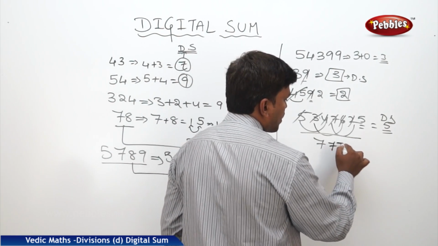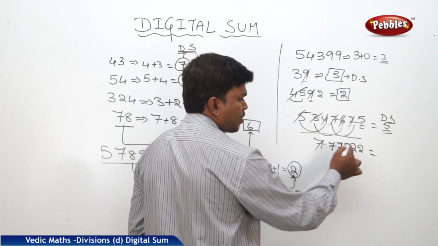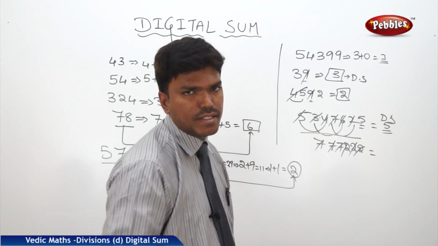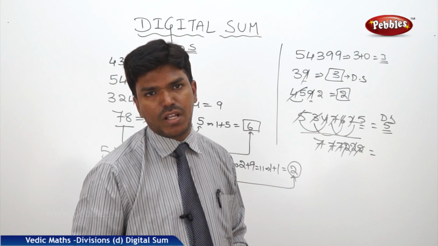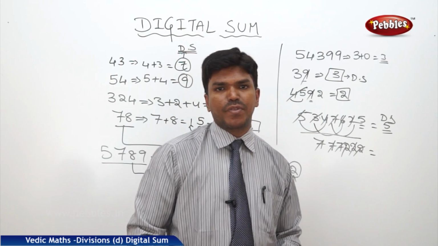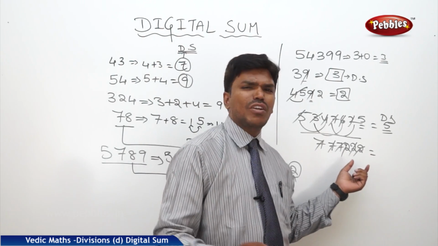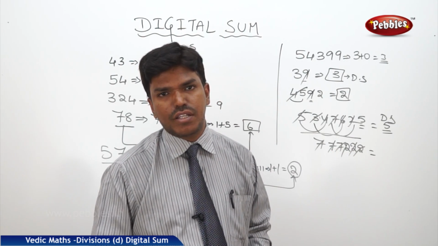Suppose 777222. What is the digital sum? 7, 2, ignore. 7, 2, ignore. 7, 2, ignore. So finally the digital sum is 0. But it is wrong. You cannot have a digital sum as 0. Think practically, think logically also, whenever you add some digits, how can you get the digital sum as 0?